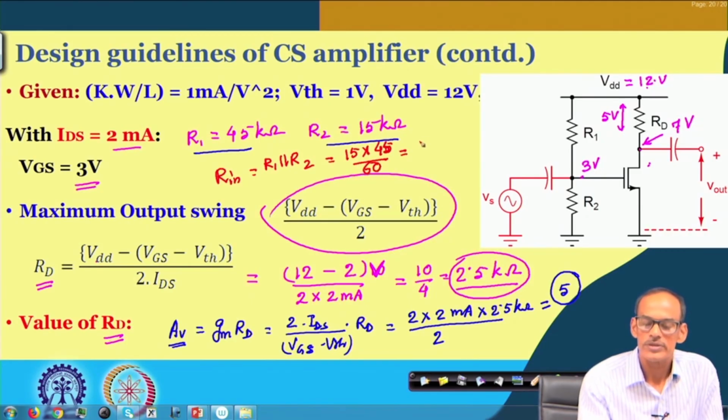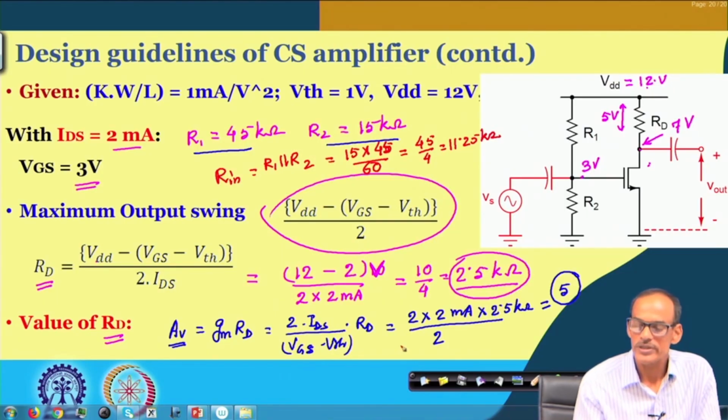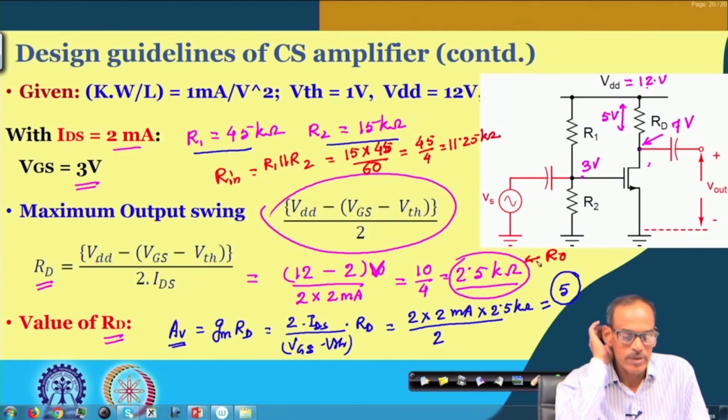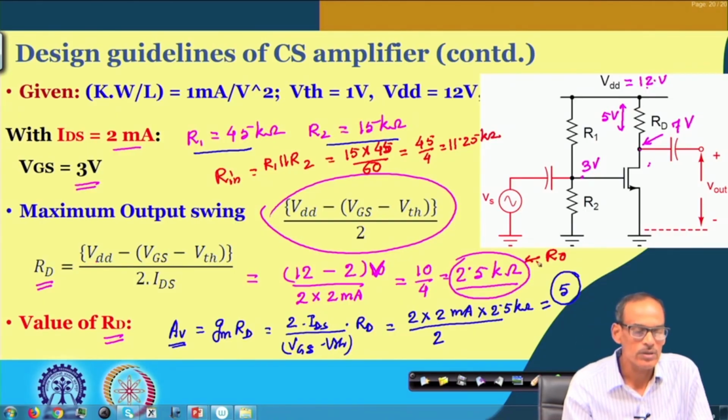So that is 45 divided by 4, which is equal to 11 point whatever 25, and the output resistance of course is the same thing, RD. So that is the guideline to design a common source amplifier to get good swing, meaningful gain and so on.